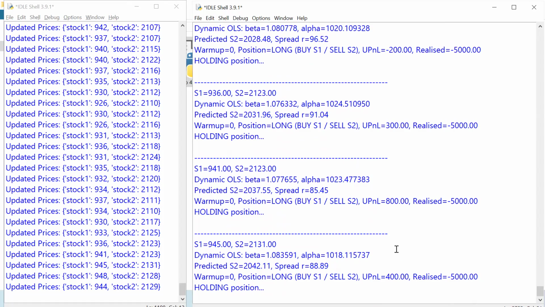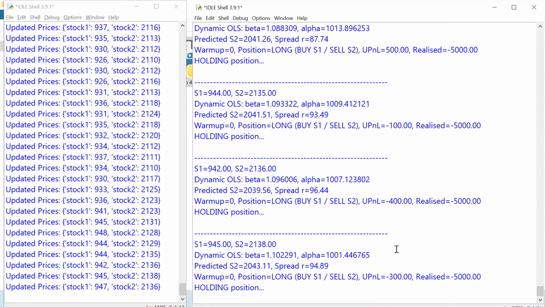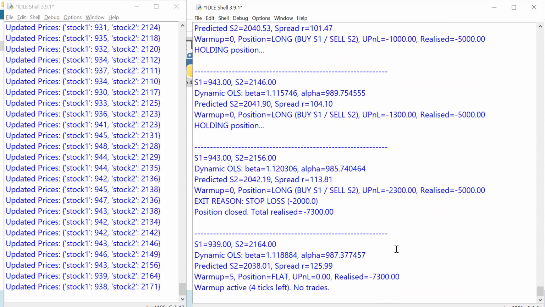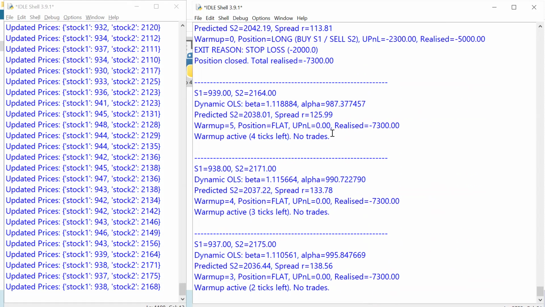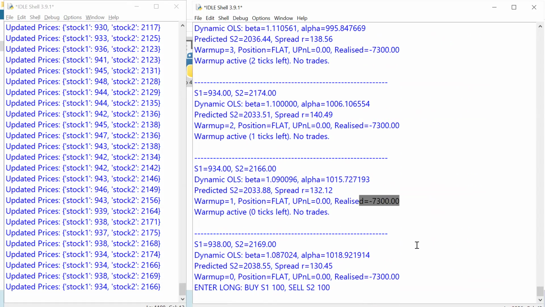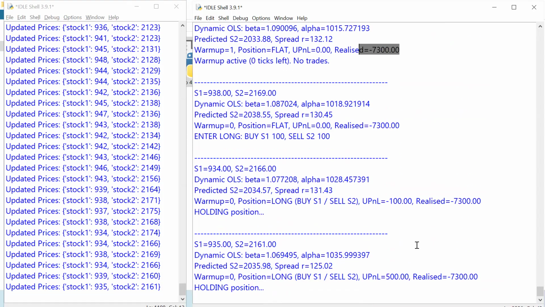If you follow the rule which you already defined, you can stay in the market for a longer period. Okay, I think this is going against us, no problem. So from plus 7,000 to minus 7,000 is the total sweep we have basically seen.